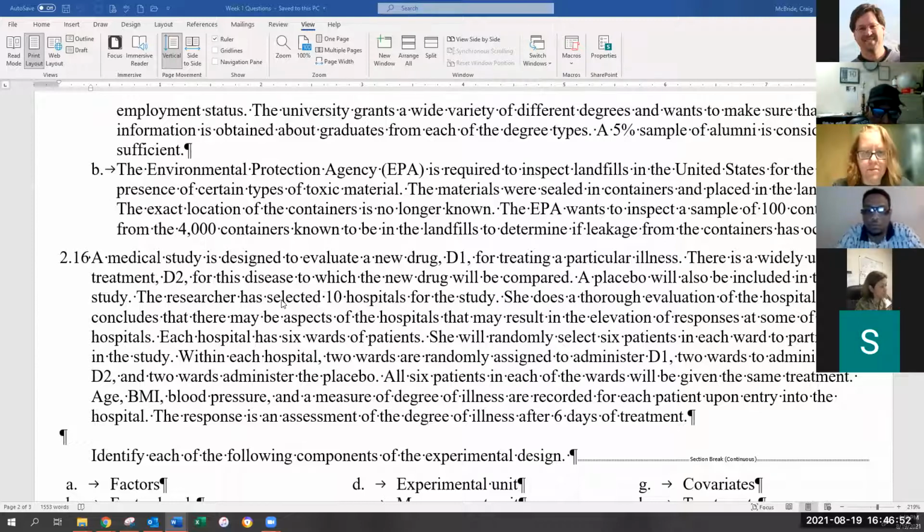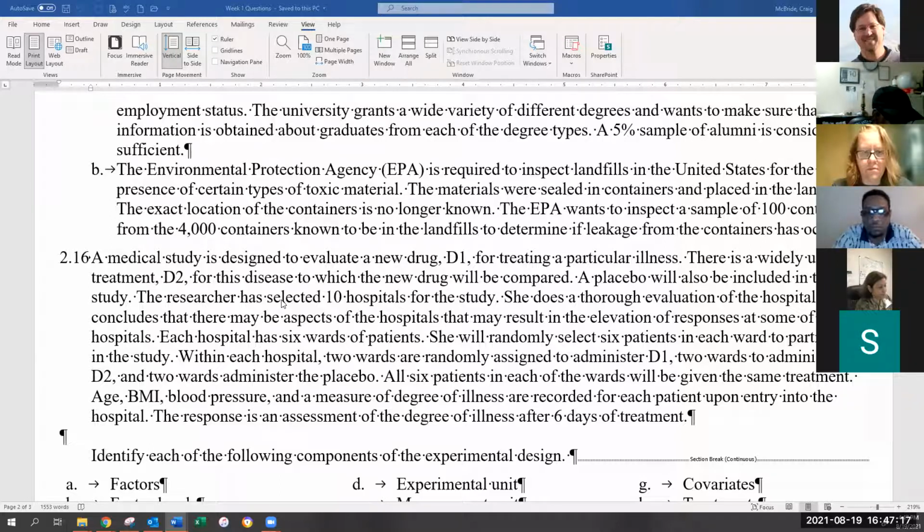And the measurement unit would be the degree of sickness, because, like if you're measuring someone's height, then the measurement unit would be inches or centimeters, depending on if you're in the United States or anywhere else in the world that uses the metric system. Well, in the context of this question, they're measuring the degree of illness of their patients along with age, BMI, blood pressure, right? So obviously the measurement units are those things.